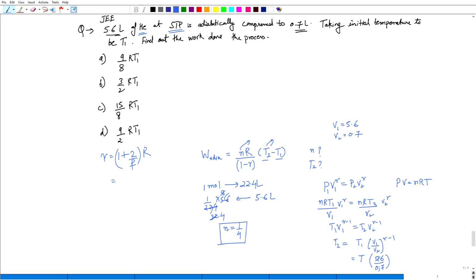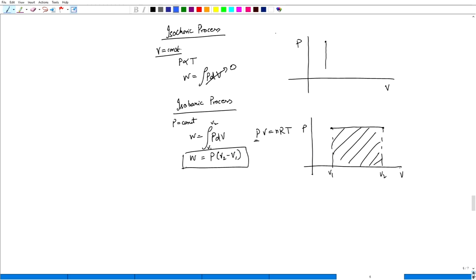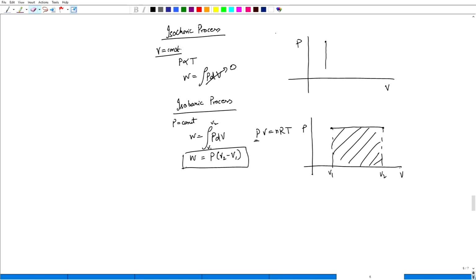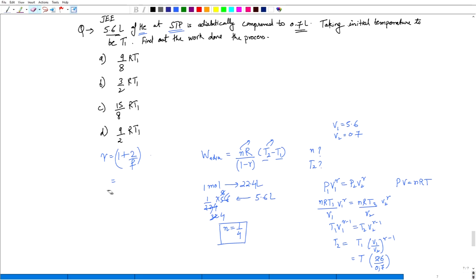Let me check one thing. This R should not be there because gamma is a ratio. So gamma for a monoatomic gas, helium is monoatomic, and therefore f is 3. So 1 plus 2 by 3, that is 5 by 3. So that is 5 by 3 minus 1.